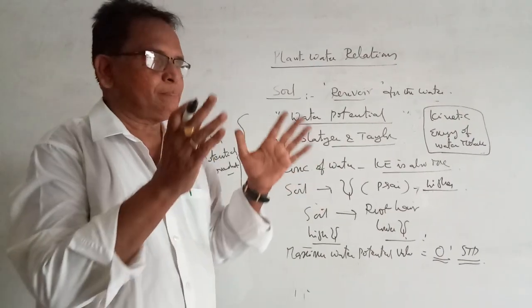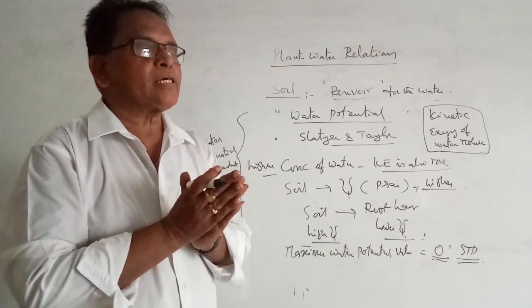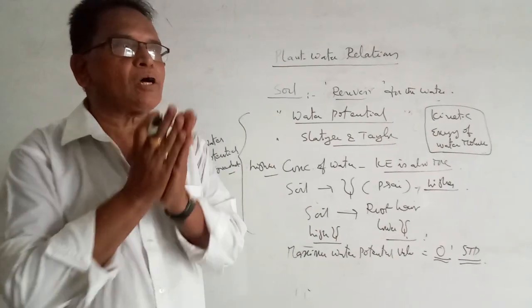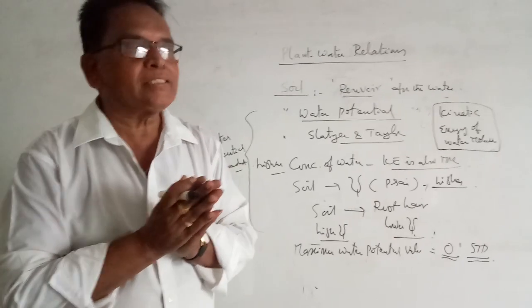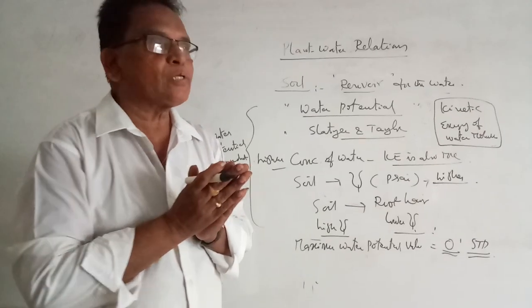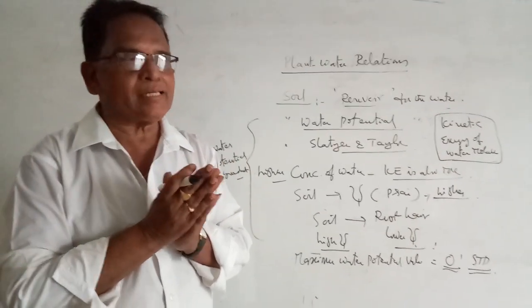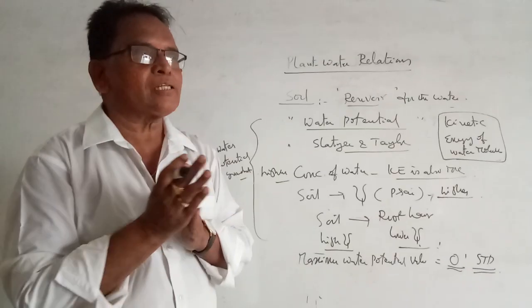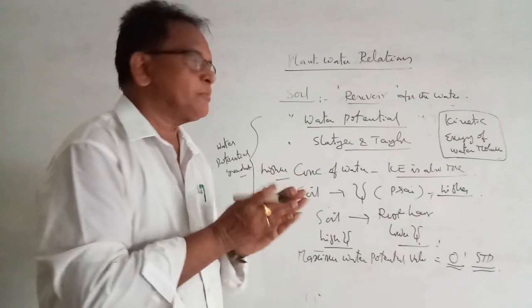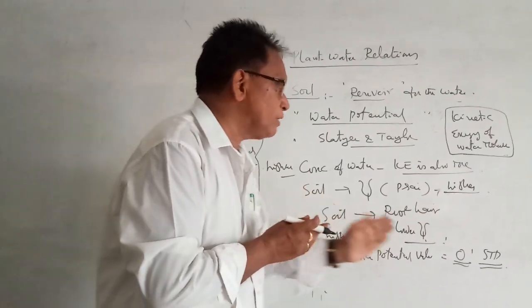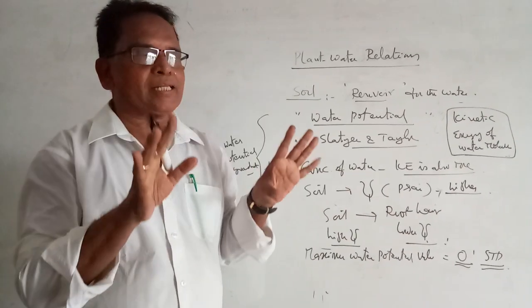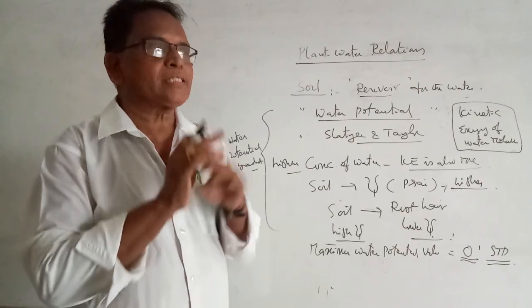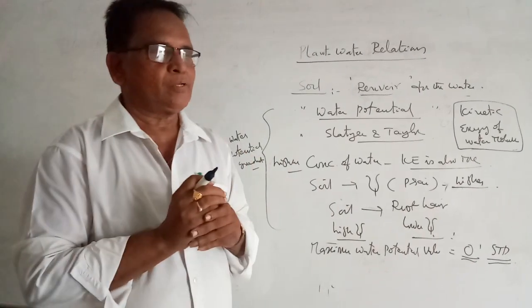If you take pure water, it contains almost all hundred percent water molecules. So the kinetic energy of the water molecules is always at a higher rate, hence the water potential is also maximum, but the maximum water potential value is always calculated as 0, because no reaction takes place in that water, as it contains only water molecules.